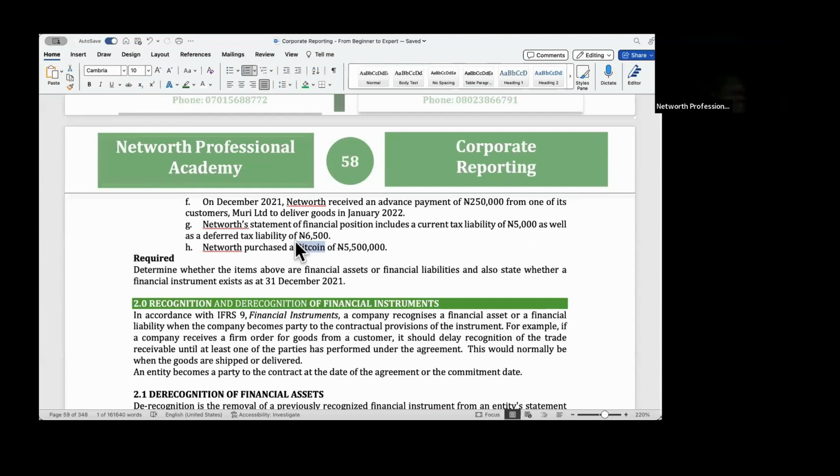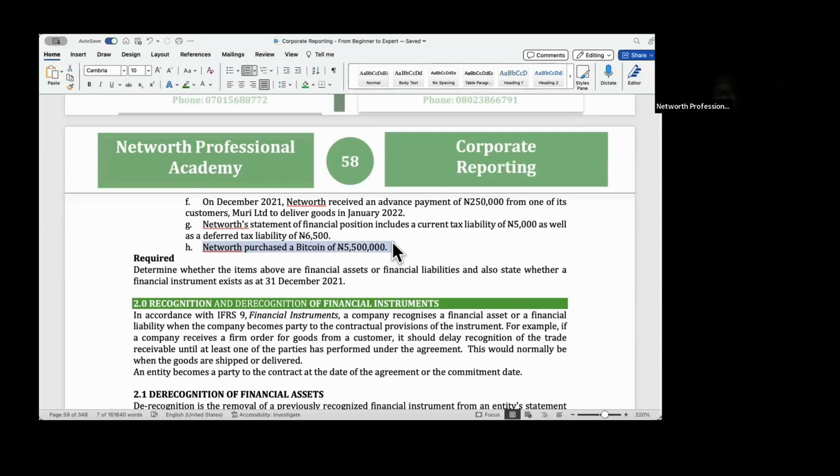So here, Network does not have a financial asset, though they have the Bitcoin. And there's no financial instrument contract here, since there's no financial asset. But that settles the question. However, in March 2020, they asked a question around Bitcoin for 15 marks.